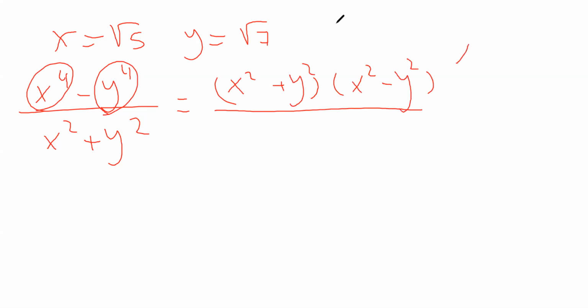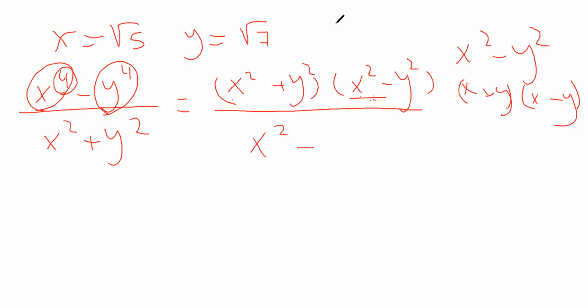When it was x square minus y square, we said two brackets, positive and negative, x and x, y and y. Here the only difference is that x power 4 will be x square and x square. The idea is this one I can simplify again, this one x square minus y square.